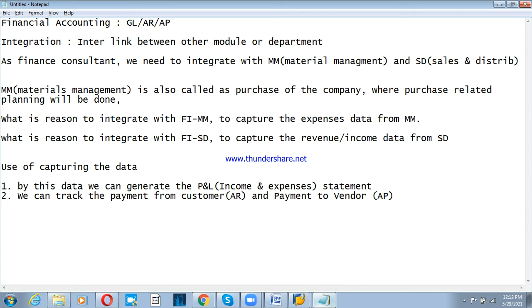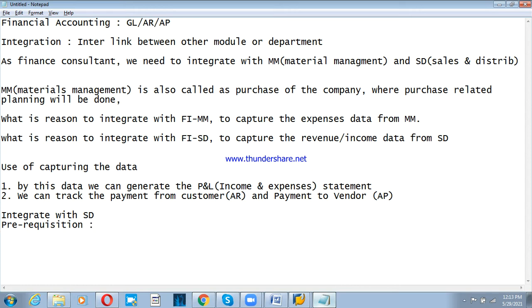Okay, so what are the parameters we need to maintain? First, we'll integrate with sales and distribution. What are the prerequisites, meaning what are the configurations we require to integrate with the SD department?